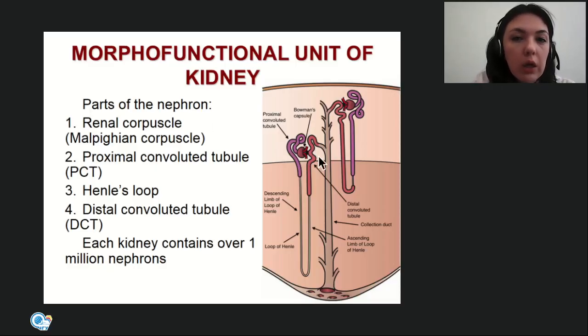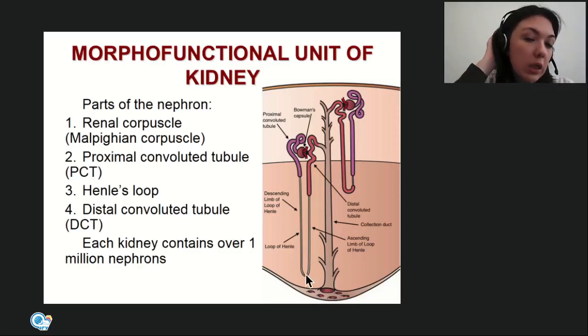Here we can see it. It consists of Bowman's capsule from outside and glomerulus from the inside. Then this renal corpuscle continues to the proximal convoluted tubule, PCT, and the proximal convoluted tubule continues to the Henle's loop, then the distal convoluted tubule, and the distal convoluted tubule opens, as many other distal convoluted tubules, to the collecting duct.